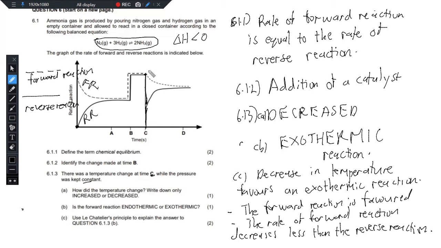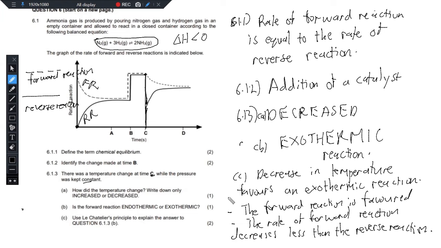The forward reaction only showed a small decrease, so the rate was not affected that much. So the forward reaction was favored, and since this was a decrease in temperature, the forward reaction has to be exothermic, because the only reaction favored by a decrease in temperature is an exothermic reaction.